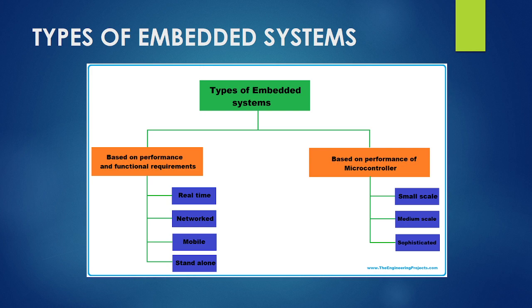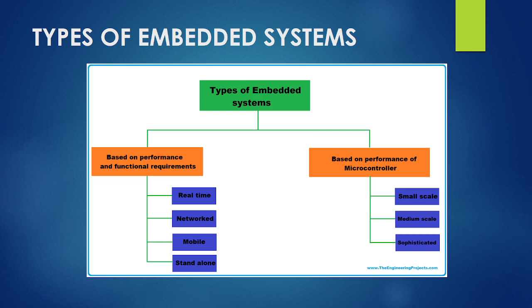A car is also an embedded system, and it is a mobile embedded system. A standalone embedded system is an embedded system which doesn't require any external sources or external inputs to operate. It can operate on its own.